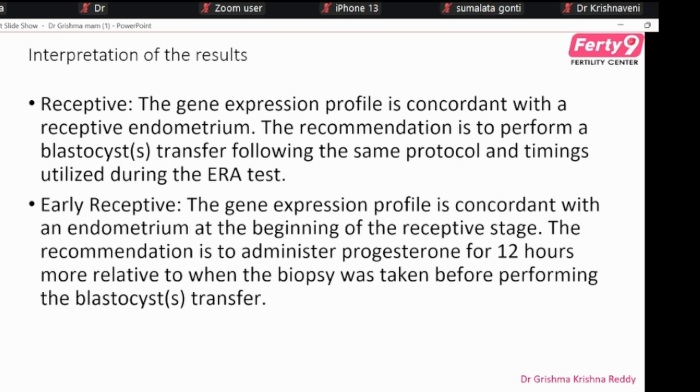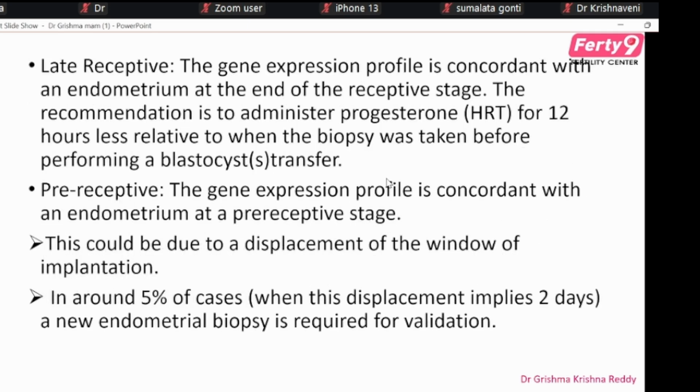The recommendation is to administer progesterone for 12 more hours relative to when the biopsy was taken before performing the blastocyst transfer, so you have to delay the transfer. Late receptive means the gene expression profile is concordant with an endometrium at the end of the receptive stage. The recommendation is to administer HRT for 12 hours less relative to when the biopsy was taken, so you have to prepone.